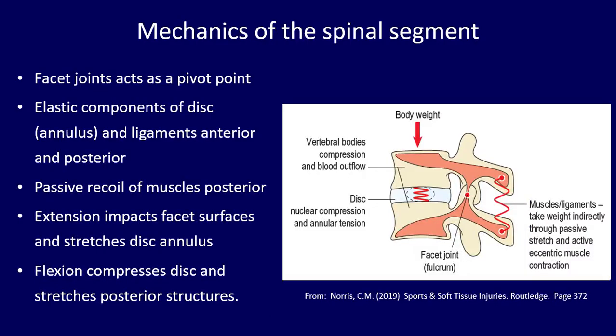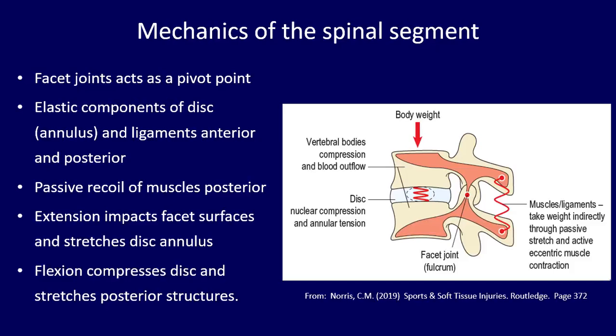From the side, this creates a seesaw effect where we have a central fulcrum or pivot point represented by the facet joints, and then we have leverage forces or resistance forces in front and behind.